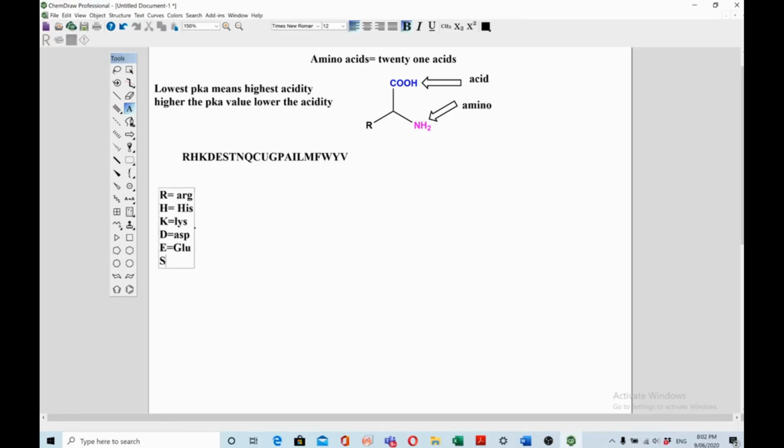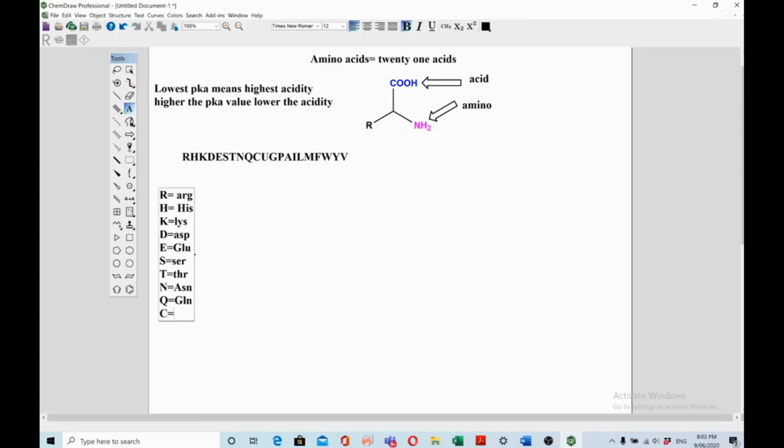S is serine, T is threonine, THR, and N is asparagine, ASN. Q is glutamine, GLN.